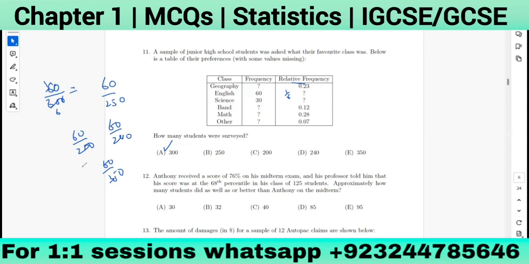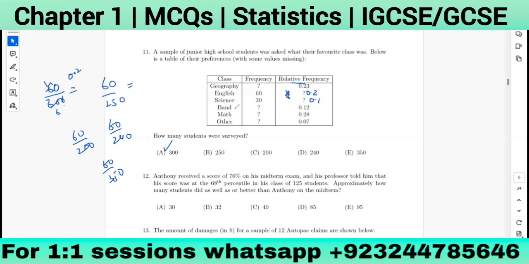By 300, 60 divided by 300, we get 0.2. And for 30 divided by 300, we get 0.1.